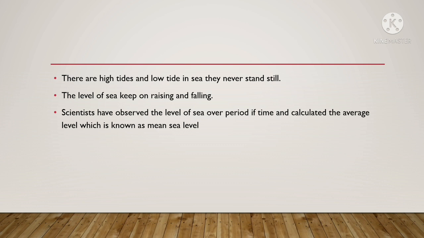There are high tides and low tides in the sea. They never stand still. The level of the sea keeps on rising and falling. So the question is, where can we take sea level as 0 meters? For that, scientists have observed the level of the sea over a period of time and calculated the average level, which is known as mean sea level.